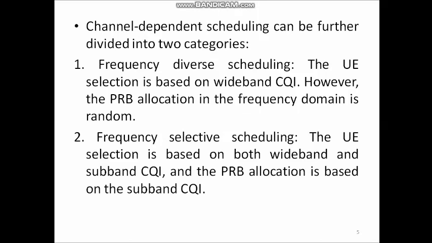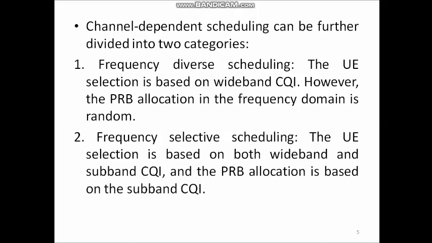So, in the first category, frequency diverse scheduling, the user equipment selection is based on wideband CQI, but the physical resource block allocation in the frequency domain is random. And in frequency selective scheduling, the user equipment selection is based on both wideband and subband CQI, and the physical resource block allocation is based on the subband CQI. Therefore, it can exploit both time and frequency selectivity of the channel.